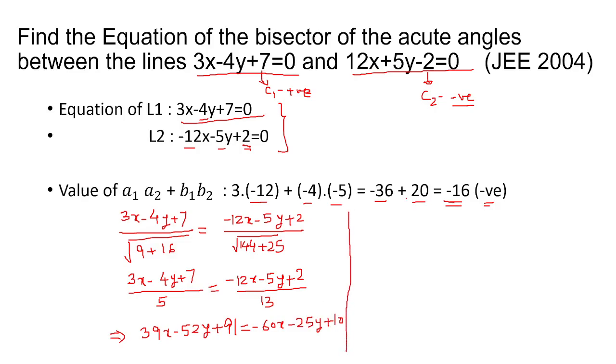So further we solve it, and this will become 99x minus 27y plus 81 is equal to 0.